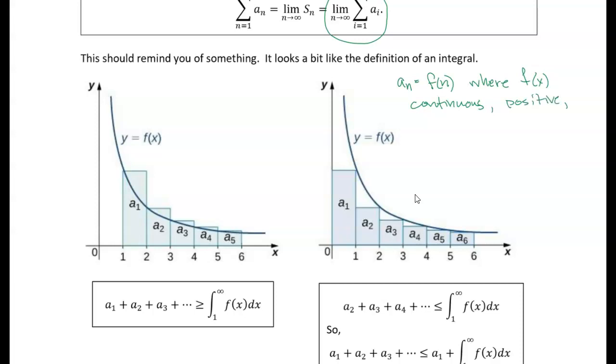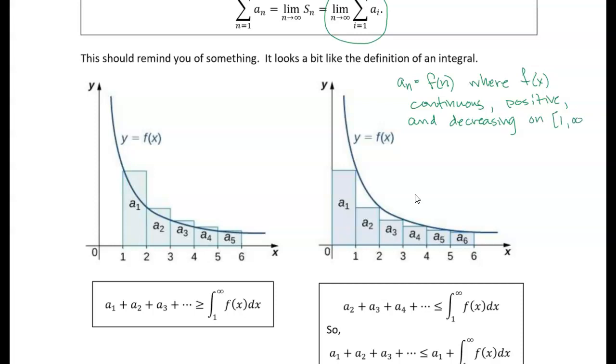And it's decreasing. It wouldn't make sense to look at an increasing function because obviously that's not going to converge. But if it's going to converge, it's going to be a decreasing function. So we're taking the case where it's decreasing, on the interval 1 to infinity.